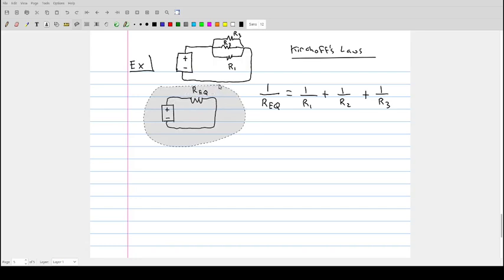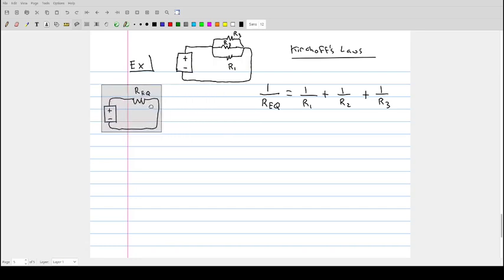What's nice about this computationally is that if you can solve for the current through this circuit, which is much easier than solving for the current through this circuit, then you're solving for the actual current that traverses this line. And you can use this to simplify many different calculations.